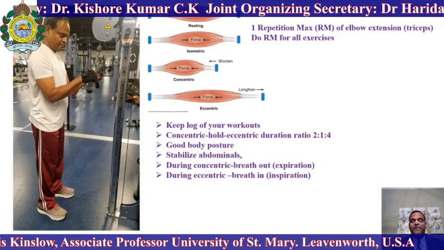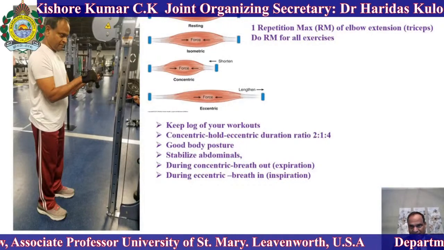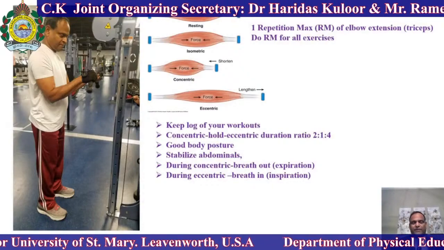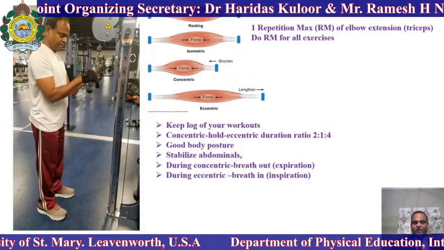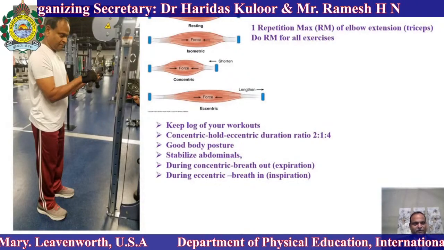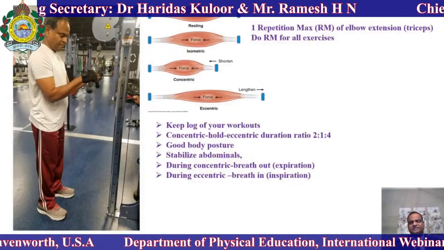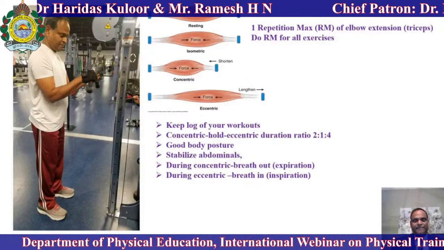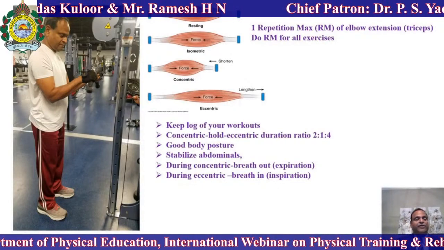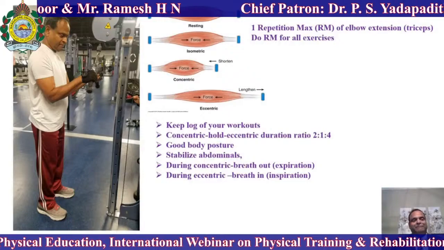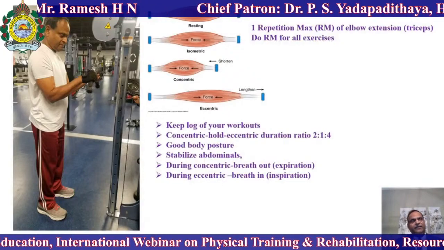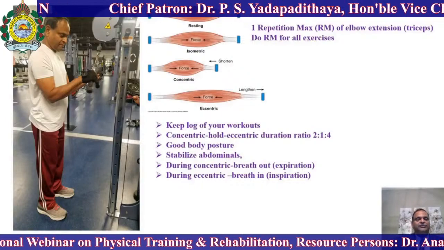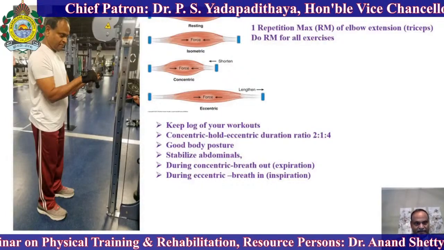Therefore, we need to measure 1 repetition max. Also, we need to do repetition max for all exercises. If it involves 10 different exercises, you need to do repetition max for all of them. You may want to repeat that measurement every 2 to 3 weeks, because you do make improvements, so you need to change the repetition max.